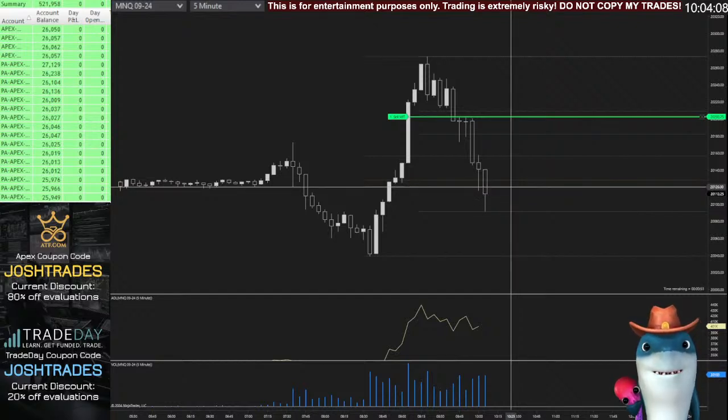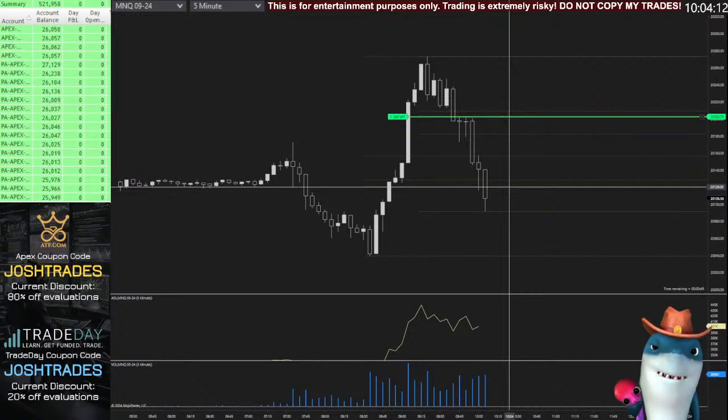Of course you can always catch more, but unless you had your target at a level and then you moved it, not following your rules. Maybe you got scared or emotions took over and you moved it, and then you took less profit because you moved it, and then your original profit gets hit. That's something that you can learn from.